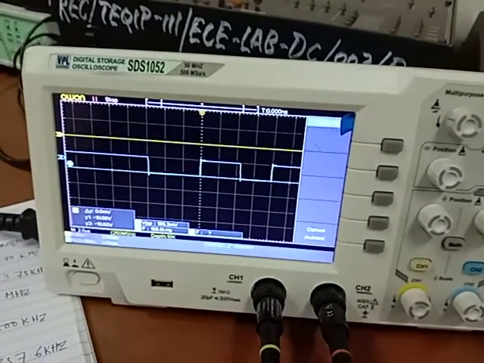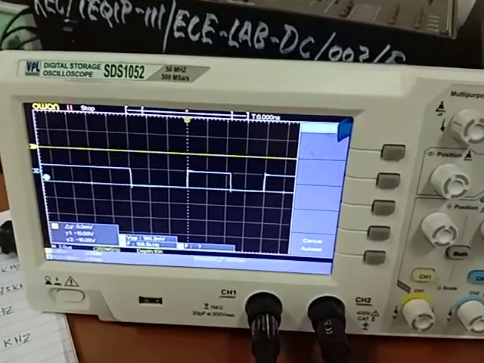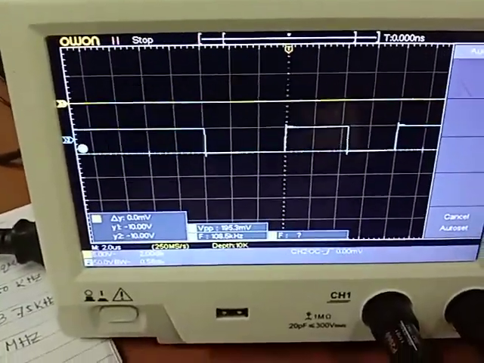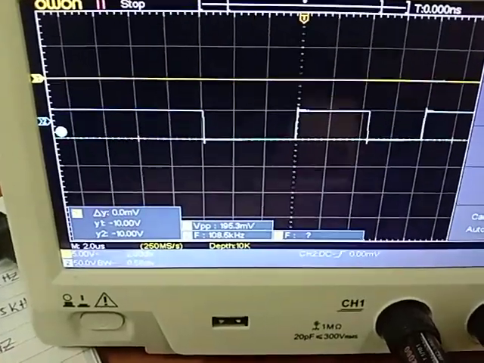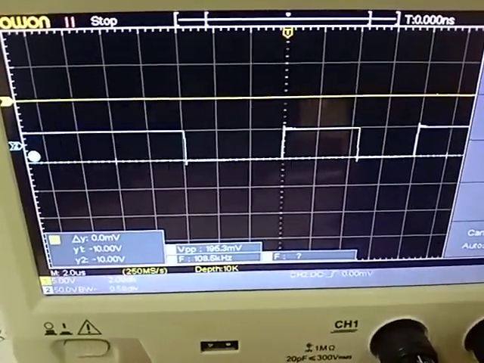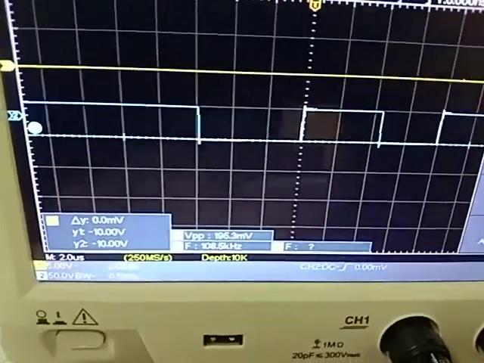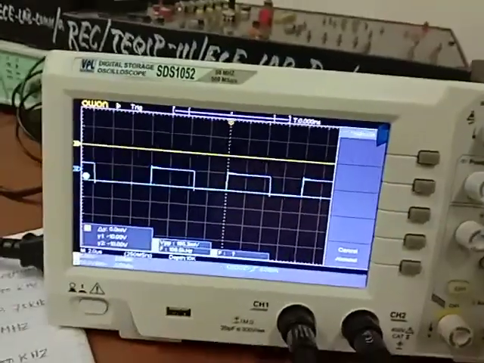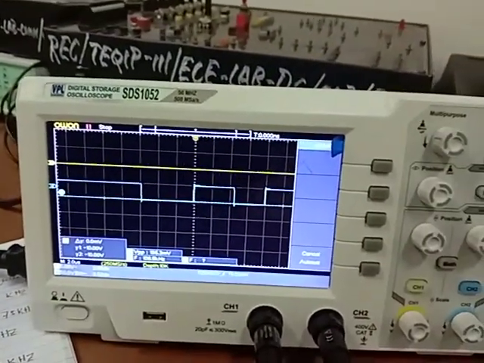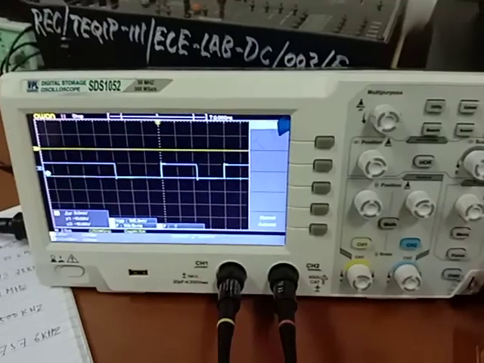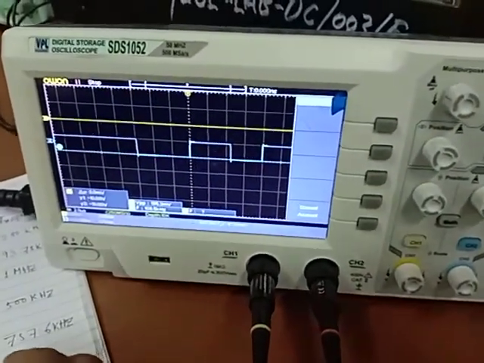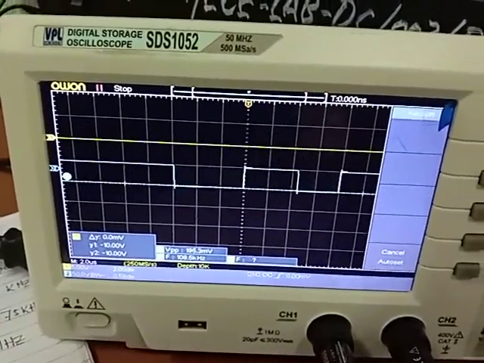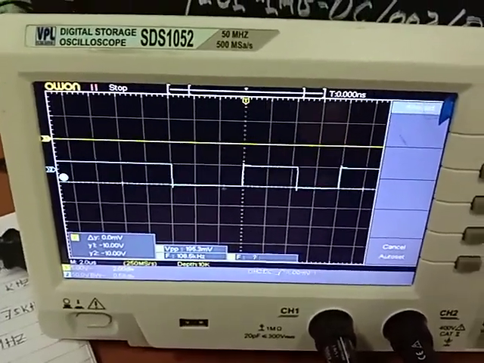This is the output of the demodulated signal, and we have to measure the amplitude: 195.3 millivolt, and the frequency is 108.5 kilohertz.